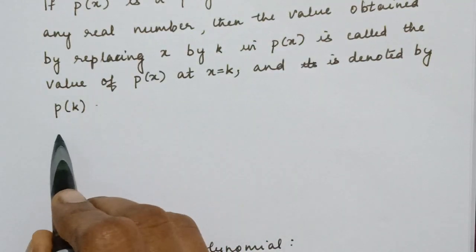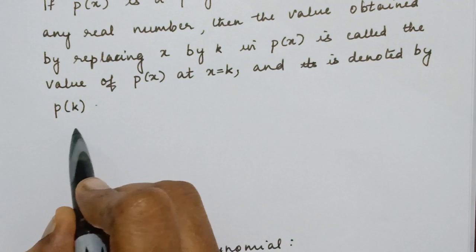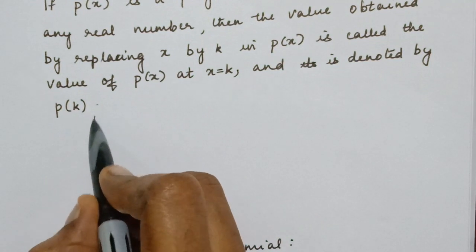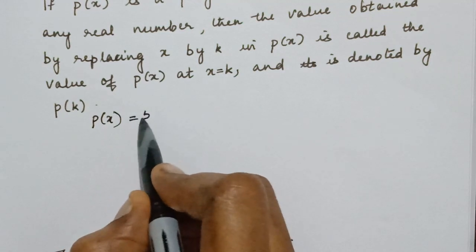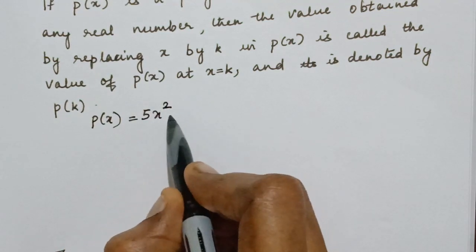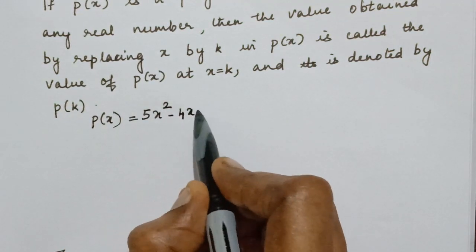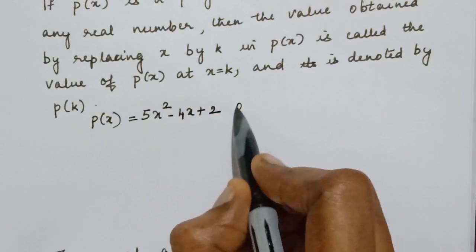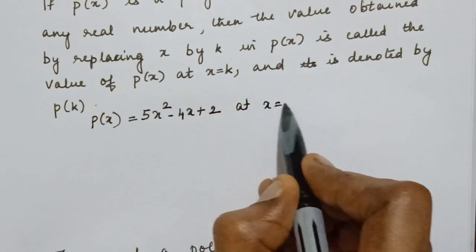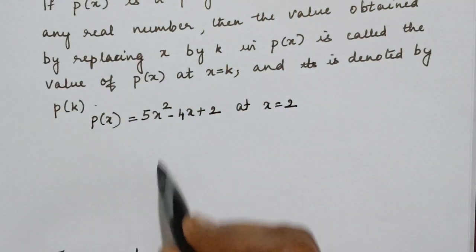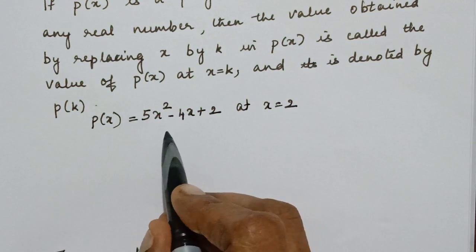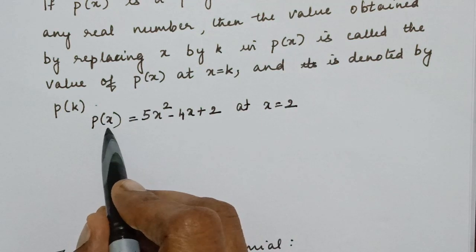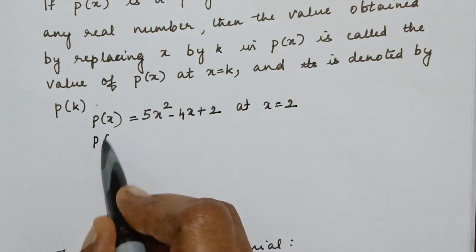We will see an example. What is the value of p of x, 5x squared minus 4x plus 2, at x equal to 2? This already you have learned in 9th standard. That is, instead of x you have to write 2.